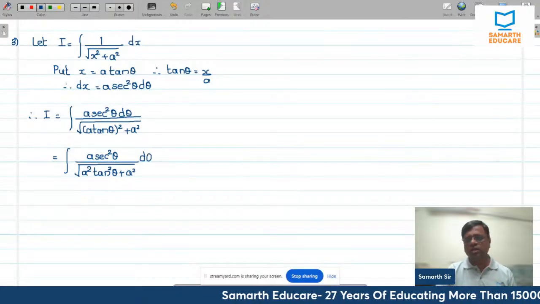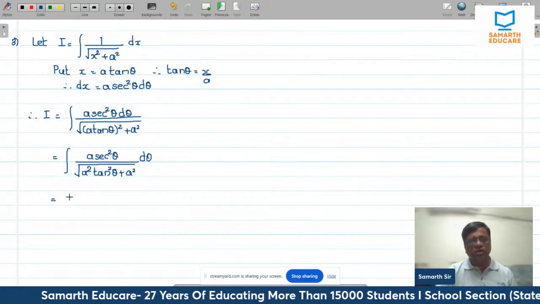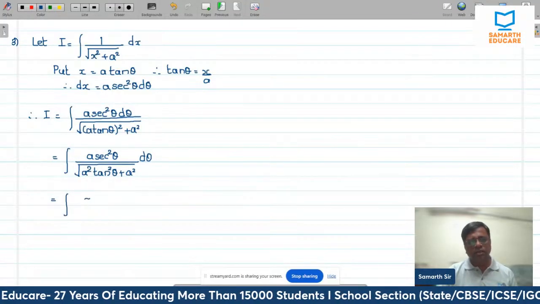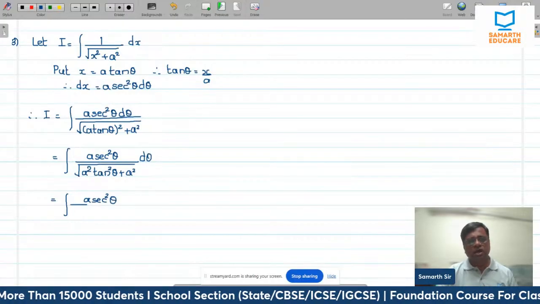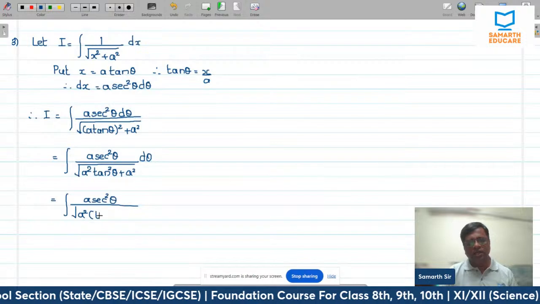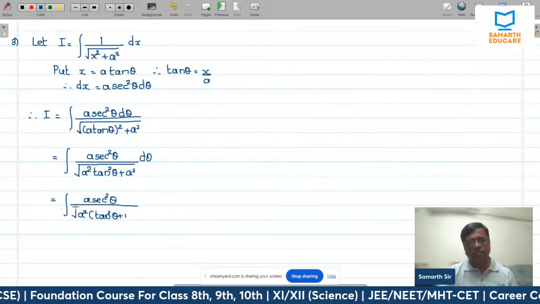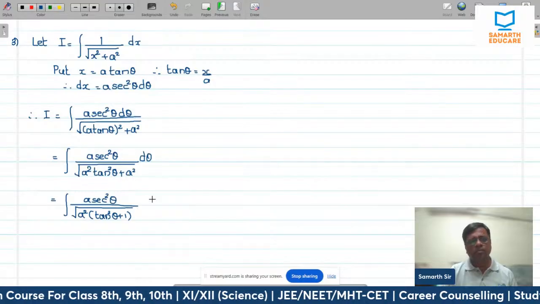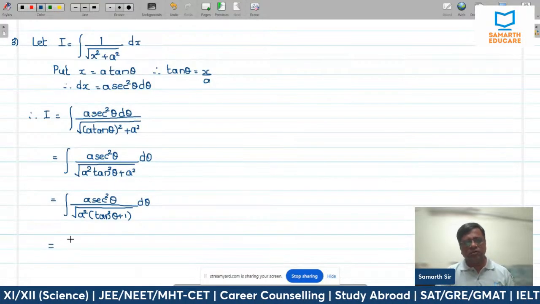Okay, I'm expanding that. I considered (a tan theta) whole square. Now that is equal to a sec square theta divided by, I take a square common and I get tan square theta plus 1, d theta.